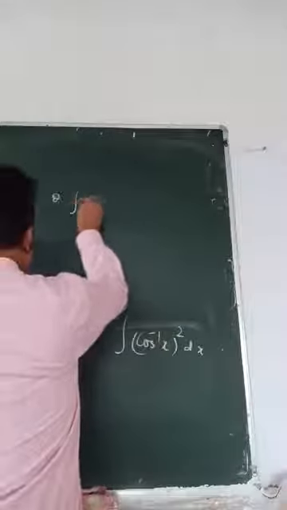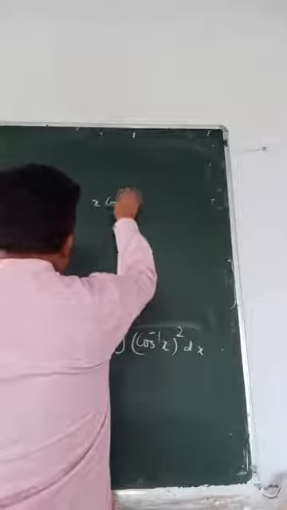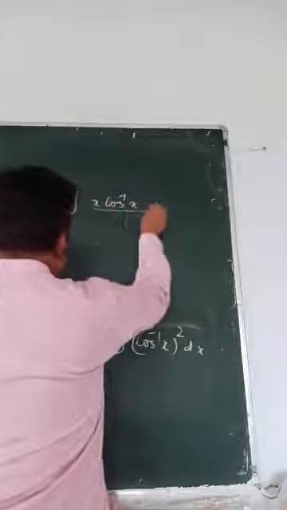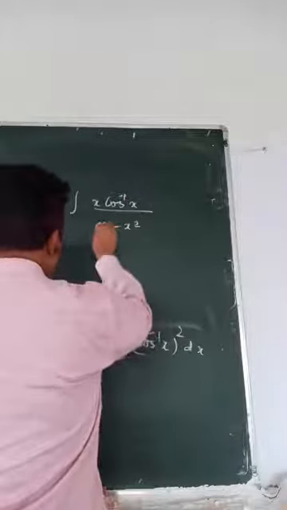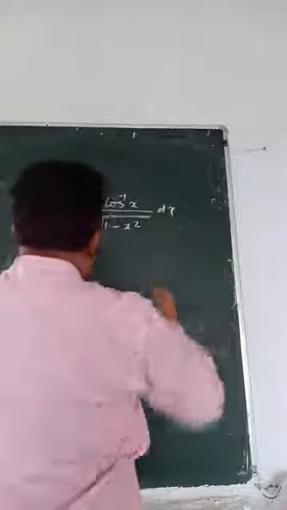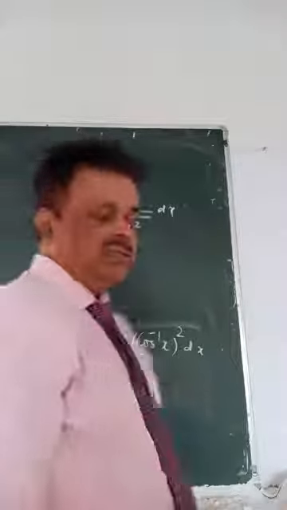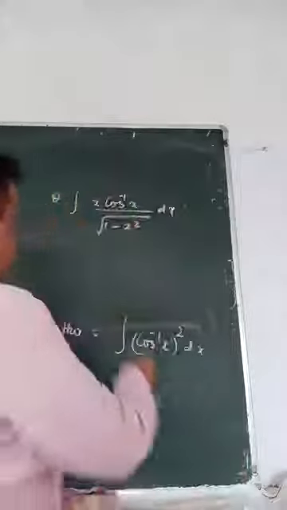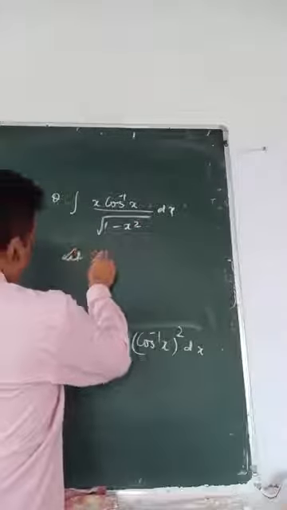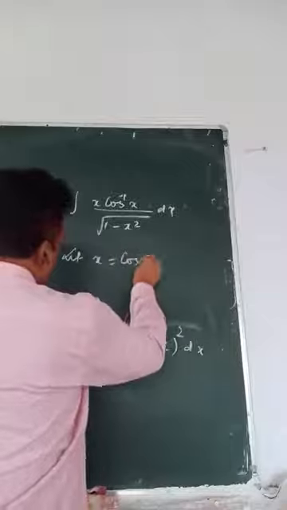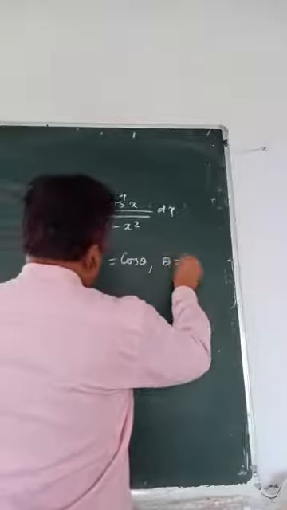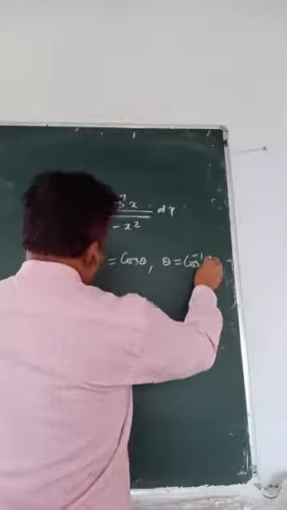If I get a question x cos inverse x by root 1 minus x square, whether this is simple or not, because this is a part of this. So three functions will start with a substitution. So let x equals cos theta, so theta equals cos inverse x.